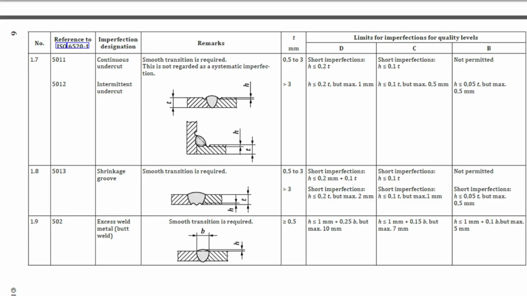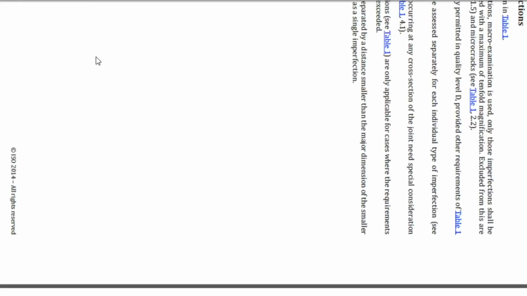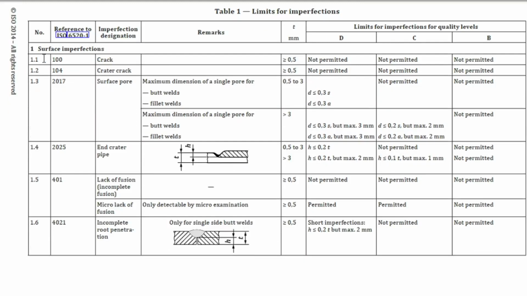So today we will directly go through the code book. We'll start from surface imperfection. This is Table 1, limits of imperfection. From the beginning we will start, and we will try to learn slowly.